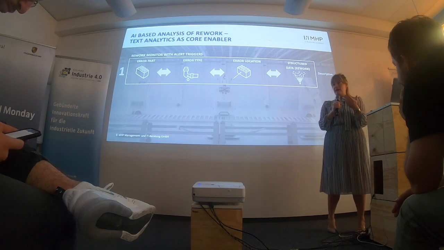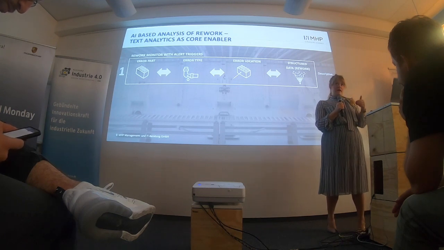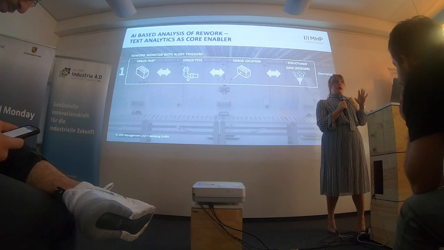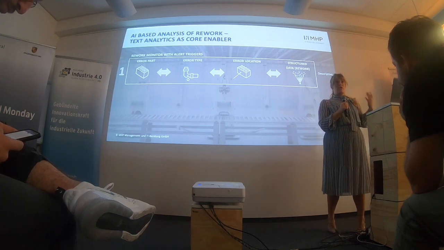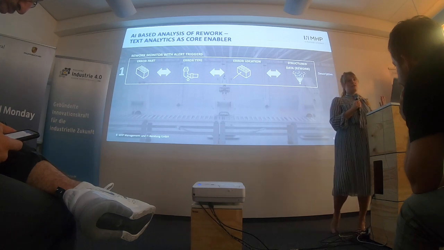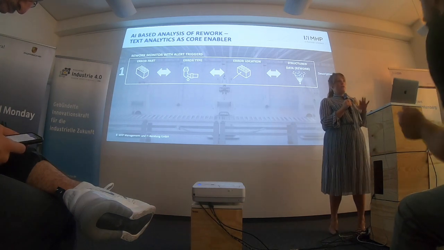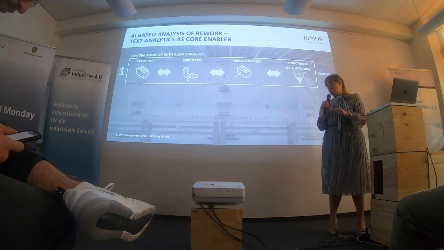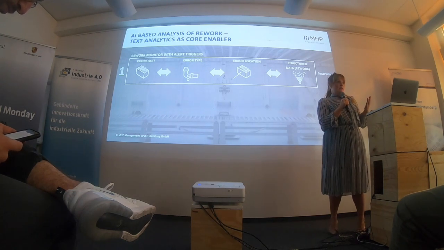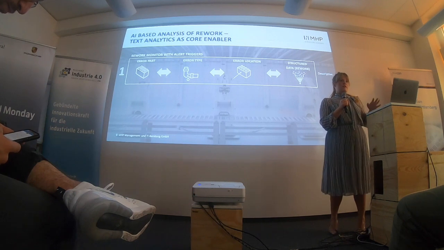Then we combined these data, after annotating them from the text data, with the structured information, like how long it took to do the rework and so on. And we put everything in a dashboard. So now the quality engineers are able to analyze their rework data from different perspectives.